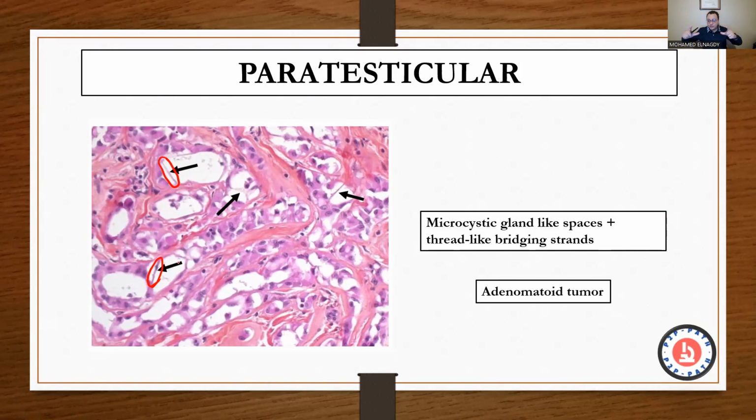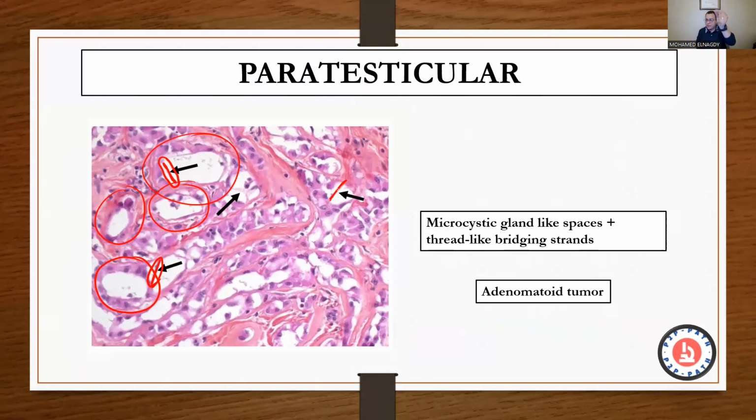That's a microcystic neoplasm having these microcystic gland-like spaces. It looks as if you're dealing with acini here. So gland-like spaces, microcystic, with these characteristic bridging threads, and always these bridging threads are there in the picture, in the Q-bank or in the boards. Thread-like bridging strands. This is called adenomatoid tumor.